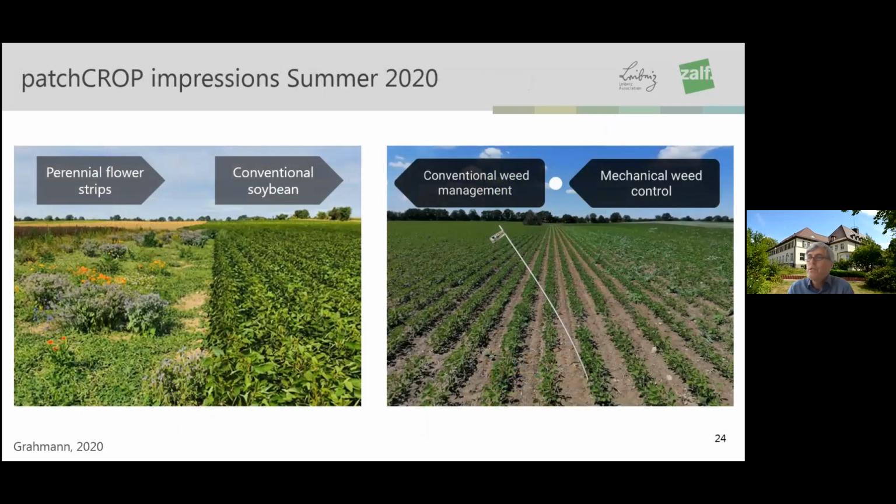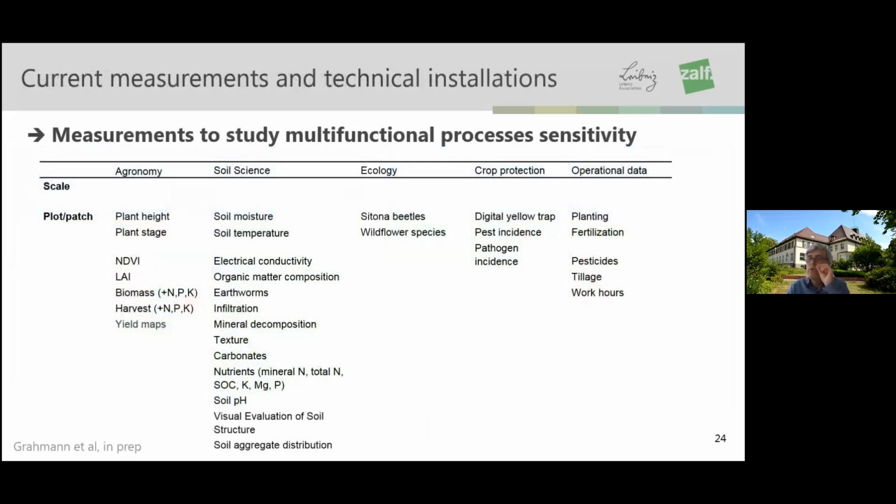These are some impressions of the experiment from last year, not going into the details of that. I want to spend a few minutes on the measurements that we have set up. As you can see, we try to address different parts of the system related to agronomy, crop science, soil science, ecology, crop protection, and also to understand and monitor the operational management data.